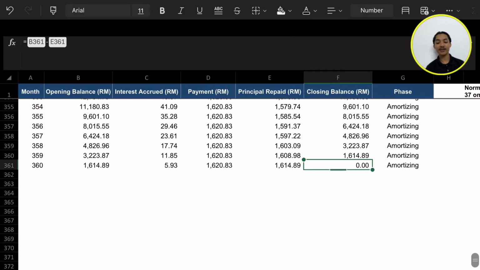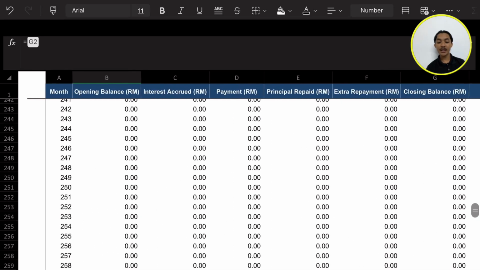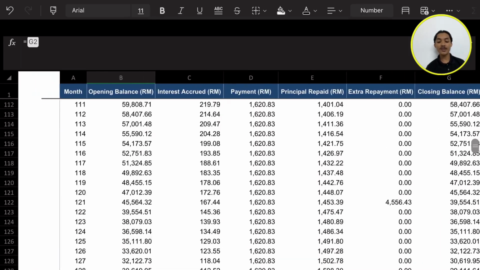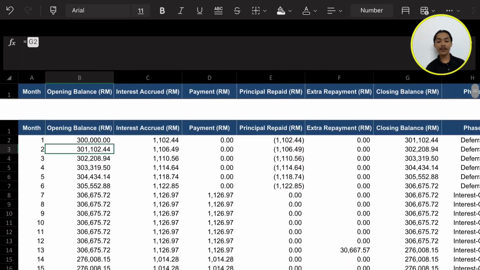Second, once amortization starts in month 37, I calculate the fixed installment only once based on the original month 36 balance, the one from part 1, before any extra repayment, and then I hold that installment constant throughout.